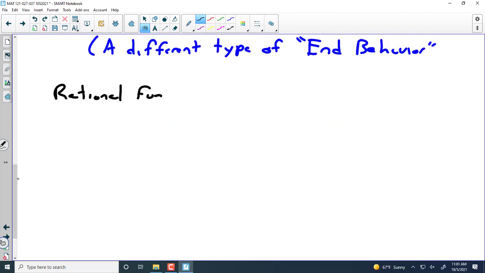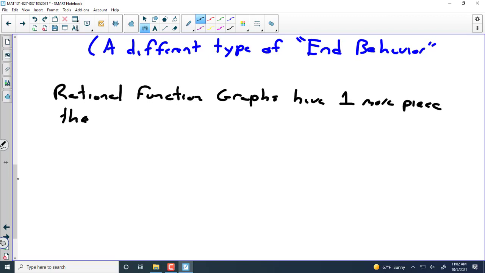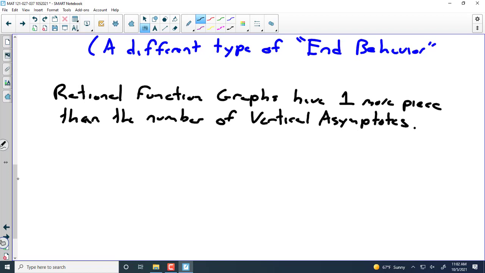Rational function graphs have one more piece than the number of vertical asymptotes. Don't let this one mess with you.